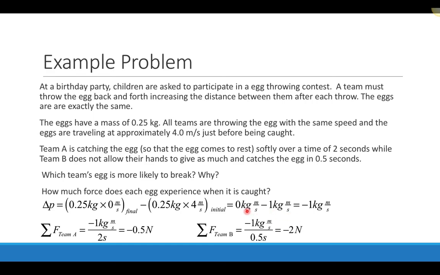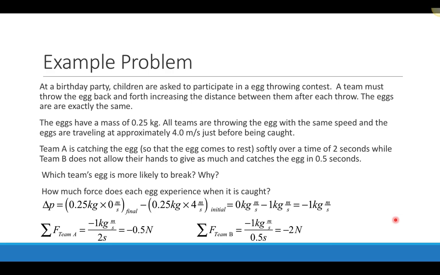So team B will have a greater force exerted on their egg, and so their egg is more likely to break. The negative signs here, again, just imply that this object is slowing down, so the force being applied to the egg has to be opposite the way that the egg is actually moving.